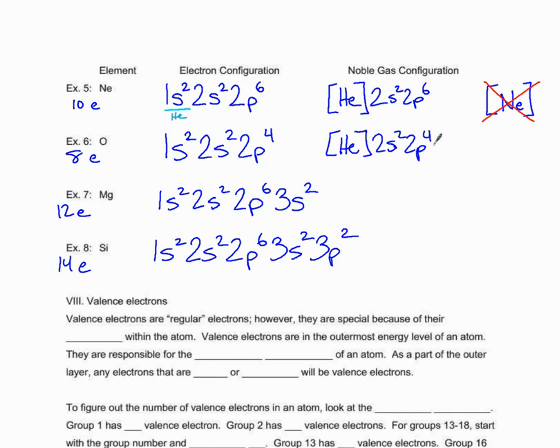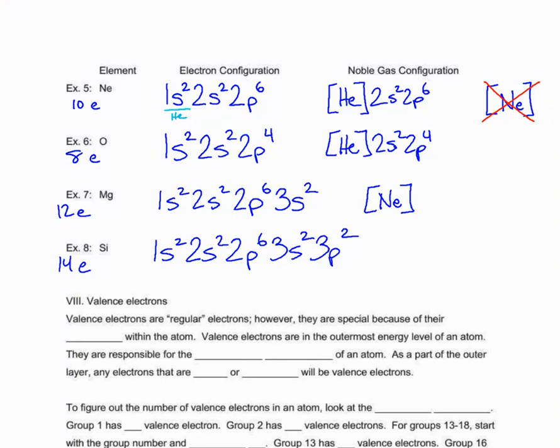For magnesium, we find magnesium on the periodic table. Its atomic number is 12. It's in group 2. And it's in the third row. It's in the third period. And so we find magnesium and we look up one period and all the way to the right. The next smallest noble gas is neon. So we're going to be able to use neon as our abbreviation.